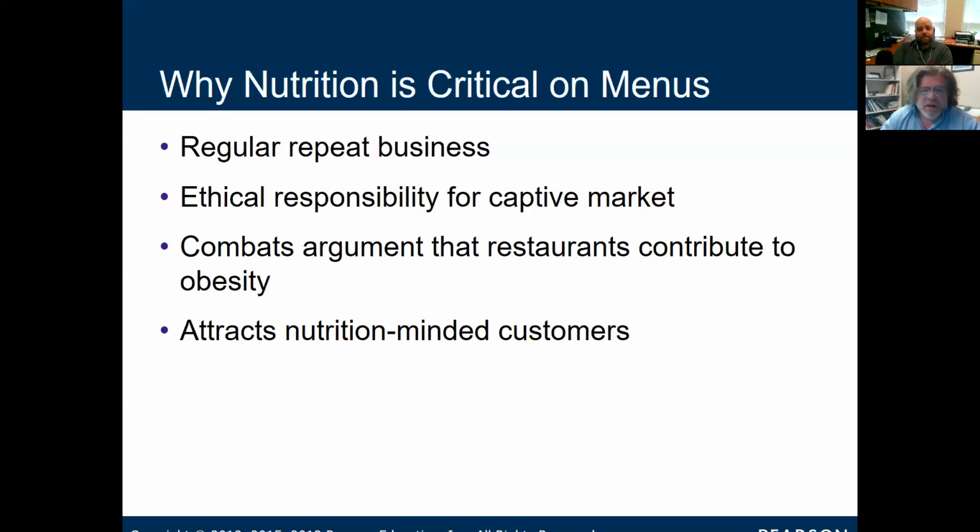There is a strong argument to be made that the restaurant industry has contributed to the obesity problem in America, and so having nutritional information available is a good way to counteract that. I remember one big catalyst for all of this happening was a documentary called Super Size Me. The students may not be familiar with this because it was years ago.